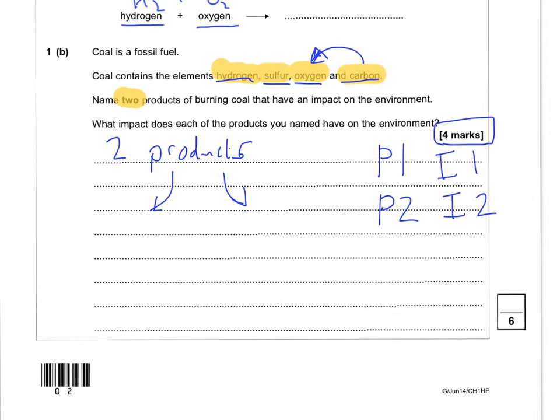Second thing, I'm going to look at sulfur and oxygen. Because again, we could form something from that. And we need to explain the effects, not in terms of pollution, because pollution doesn't really get us any marks. It's not specific enough. So I need to explain the impacts in terms of, for example, global warming would be a specific impact.